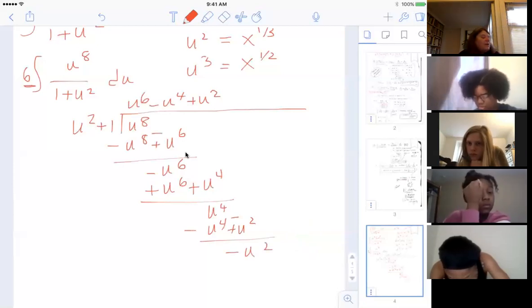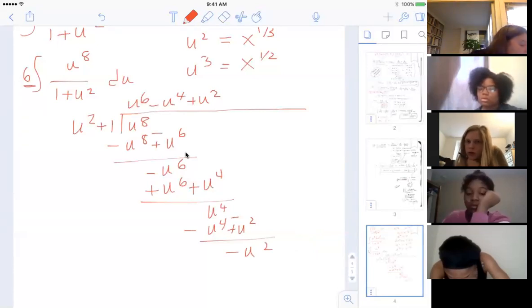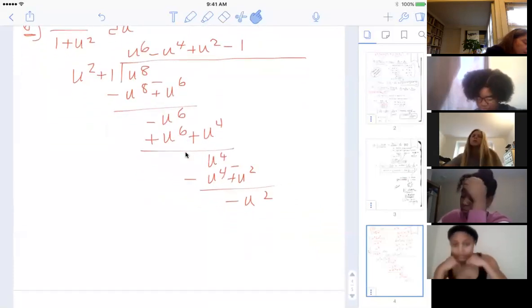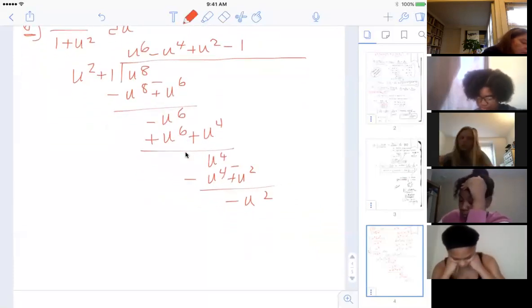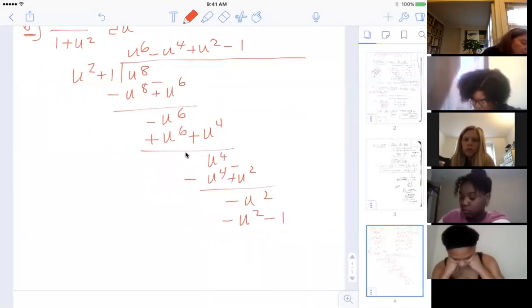All right, how many times will u squared go into minus u squared? Negative 1. Okay. If I multiply back again, that's going to be minus u squared minus 1. Change the signs, I get a remainder of 1.